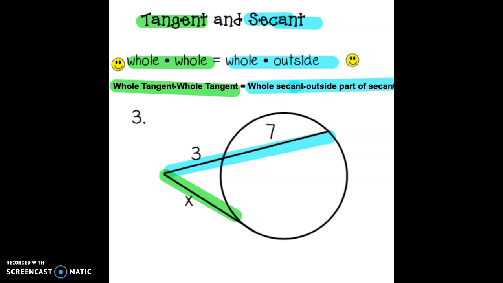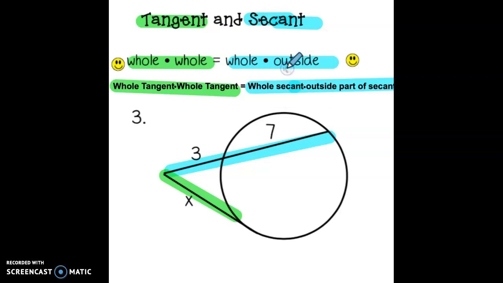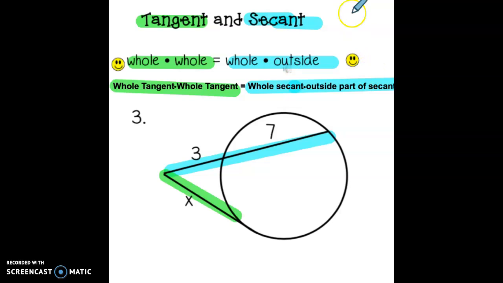I'm going to put a star by it. I think rewording the formula like this will probably help us. So think of it as whole tangent times whole tangent equals the whole secant times the outside part of the secant. And now we're actually going to go through and solve this problem right here for x.